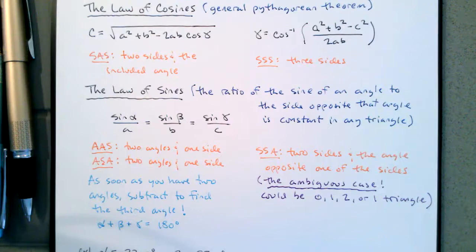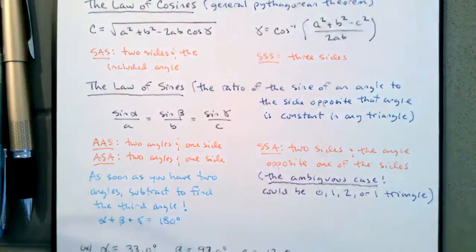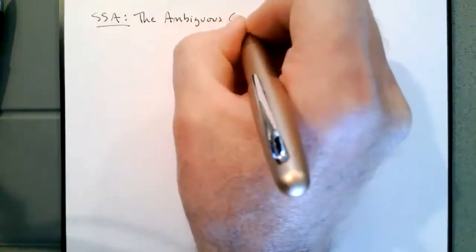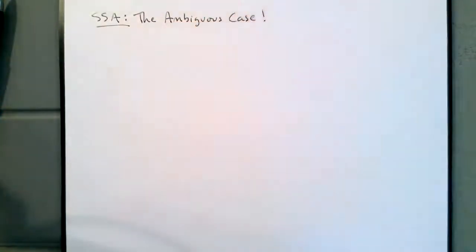Great. Let's talk about side-side-angle and why this is the ambiguous case. So side-side-angle is the ambiguous case.